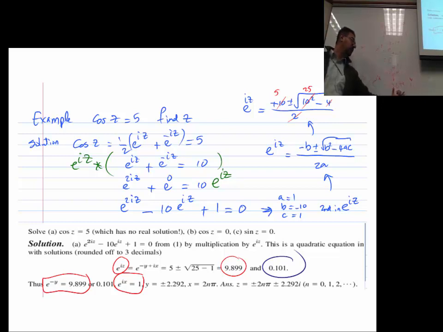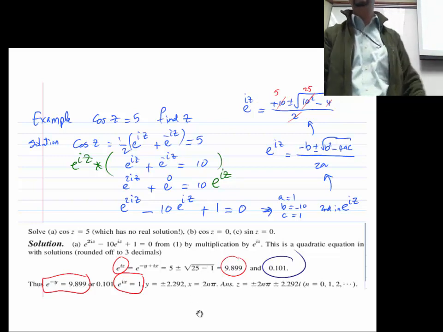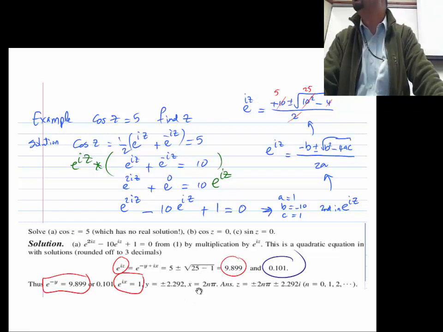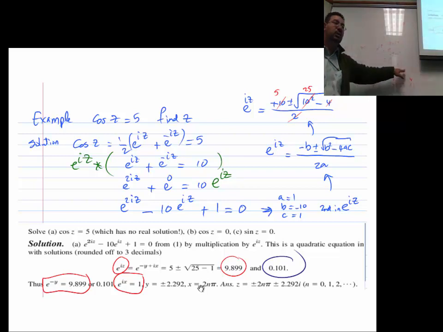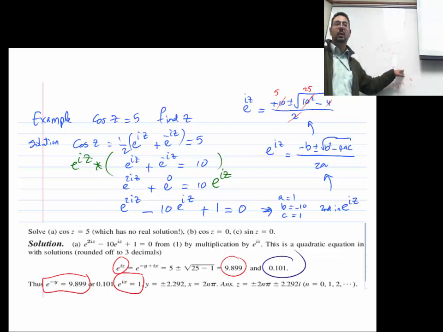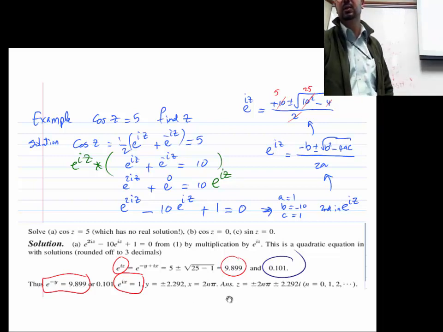E to the power minus y is 9.8, that tells you what the y is, and e to the power ix is 1, and that tells you the x. So the x is 0. E to the power 0 is 1. The x is 0, but not just 0. It's 0 plus or minus 2n pi.